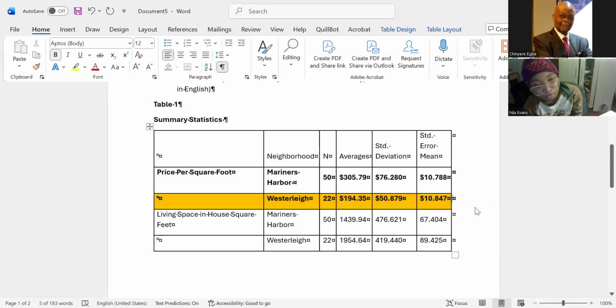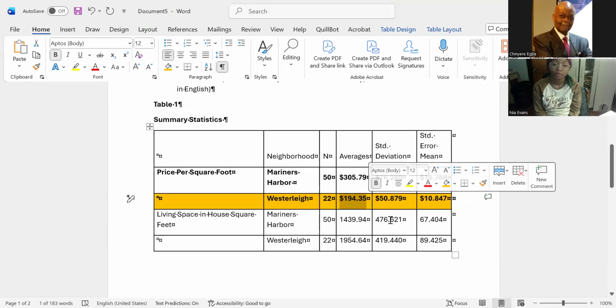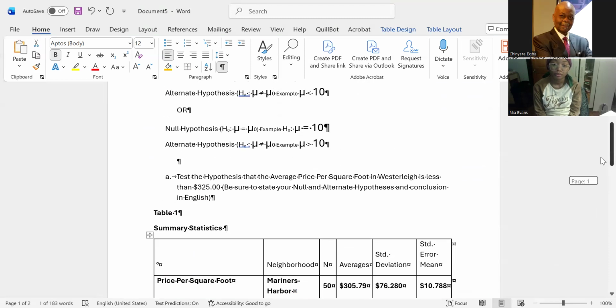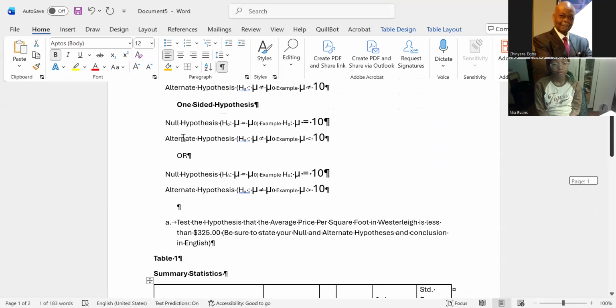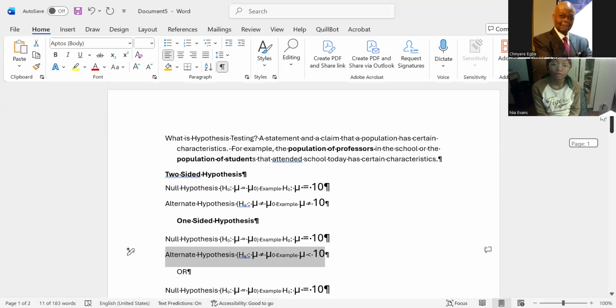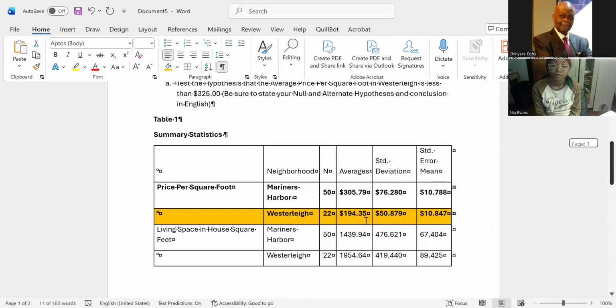Because the sample average is 194, it makes sense to ask ourselves whether the true population mean is actually less than 325. You get the idea, okay? It wouldn't make sense for us to start testing whether the true population mean is greater than 325 when the sample has already given us information, right?